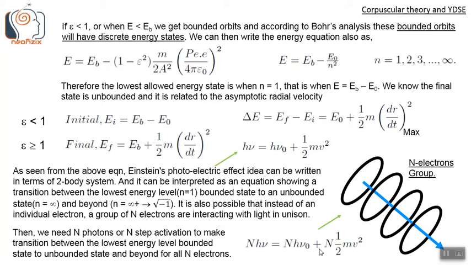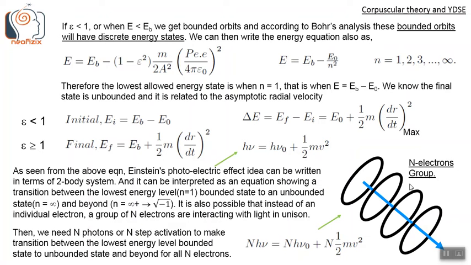So instead of the photoelectric effect being a single electron, single photon phenomenon, it can be a group phenomenon, or a phenomenon observed in a collection of items. So these n electron groups can behave as one object interacting with these light photons.